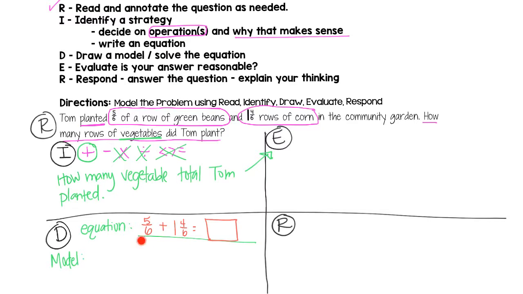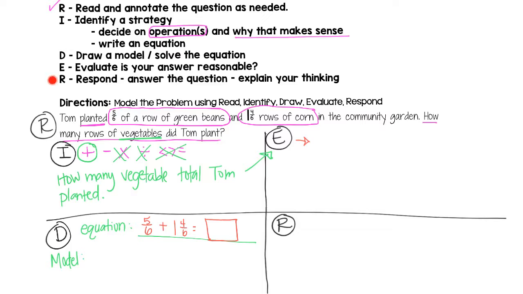He has to have more than the 2 parts that we put together. So in your own words, right here, you're going to say something about how you know that the number that you got, the number of vegetables, is the total. It's larger than both of the amounts of just green beans and corn. So pause the video and write your evaluation.